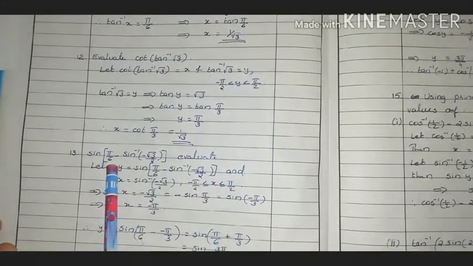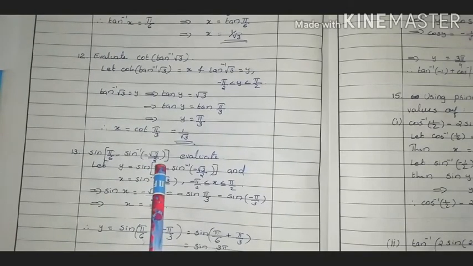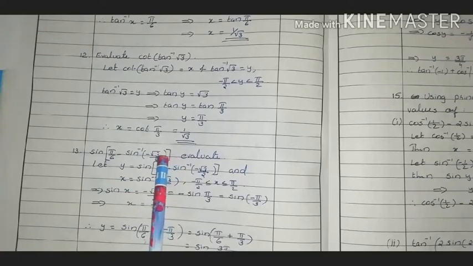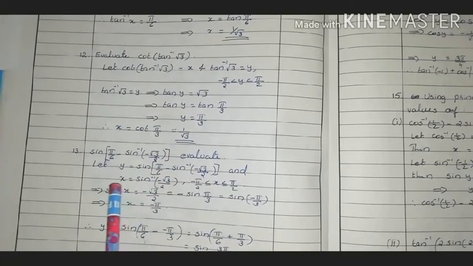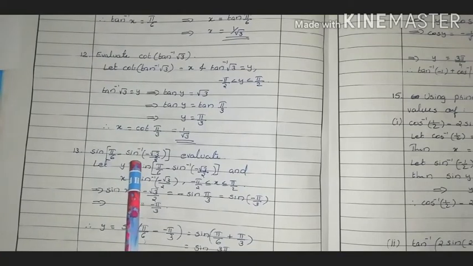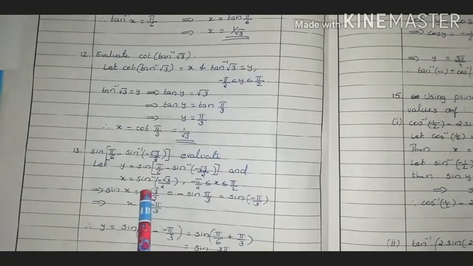Sin of pi by 6 minus sin inverse minus root 3 by 2. Evaluate this one. Here we can consider sin inverse minus root 3 by 2 is equal to x.